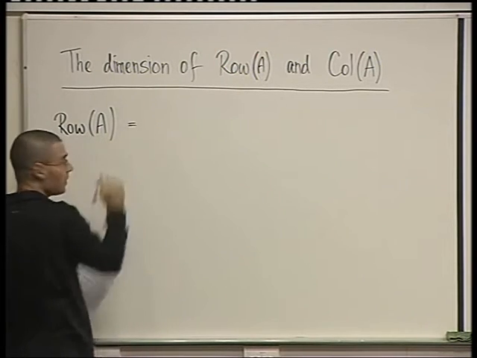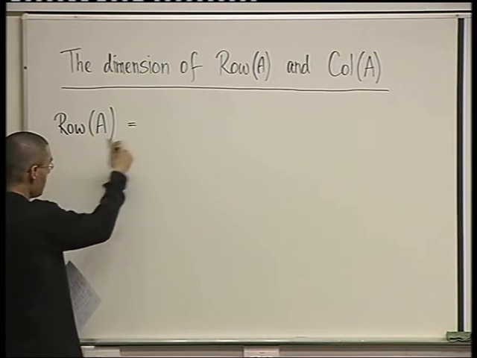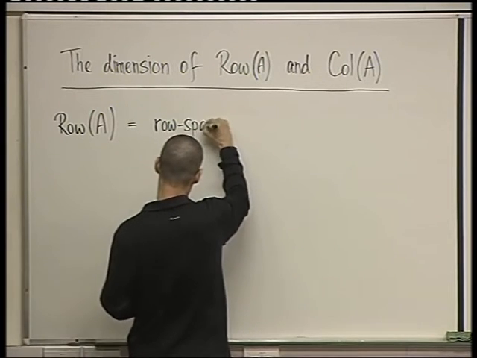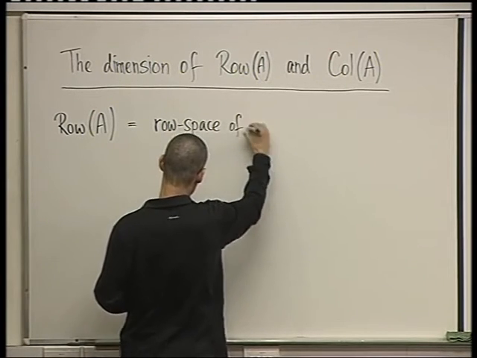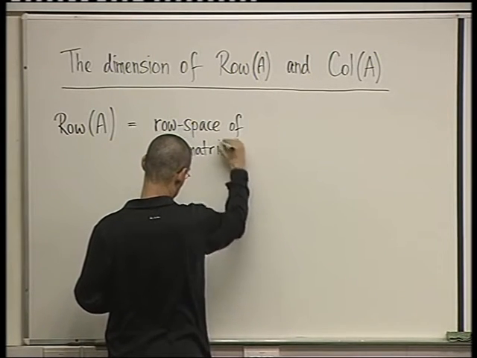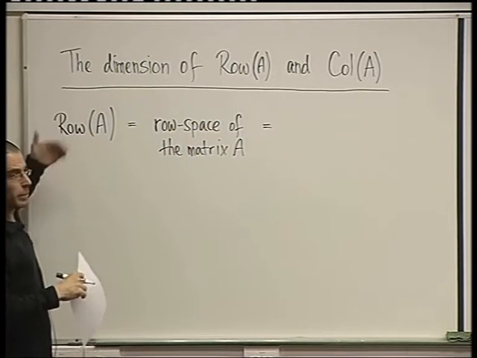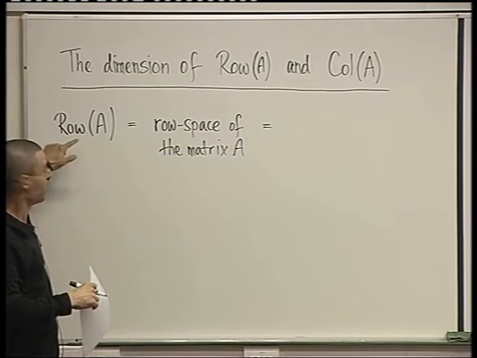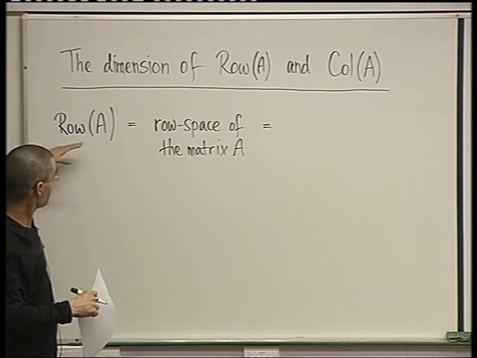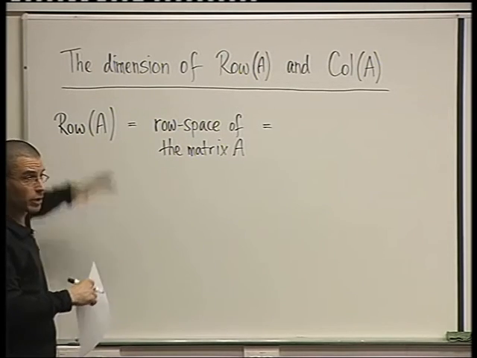So A is a given matrix, and row A is what we call the row space of the matrix A. And this is just all possible linear combinations of the rows of A. Okay, so the subspace spanned by the rows of A. Okay, are the words compiling?